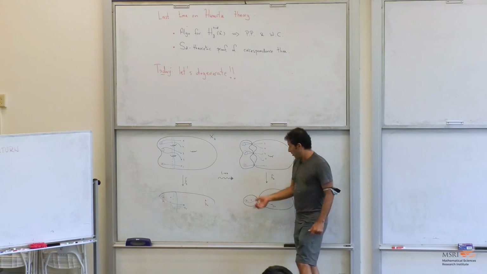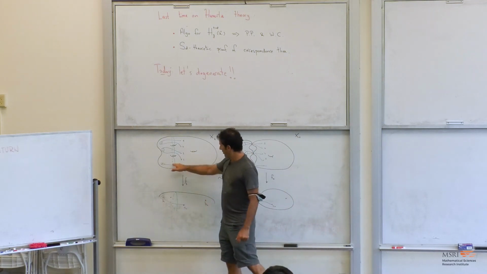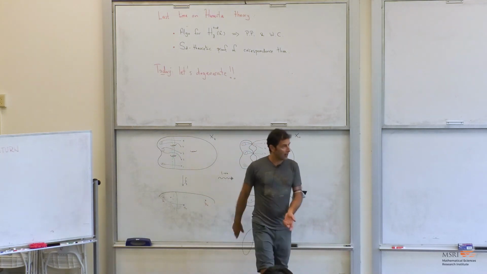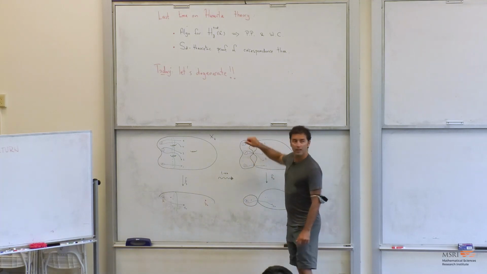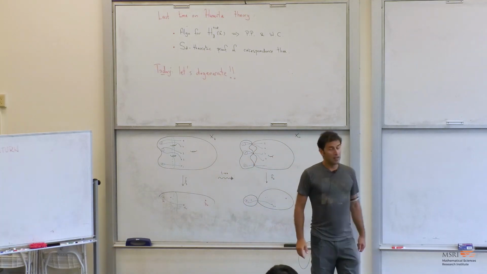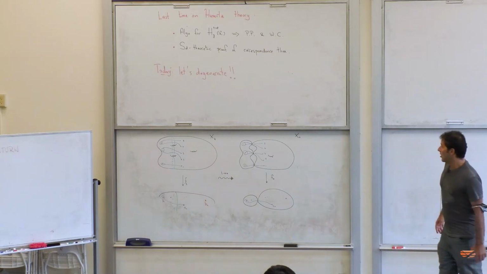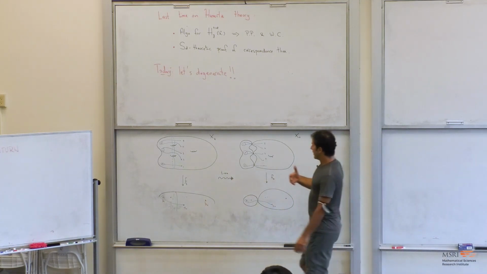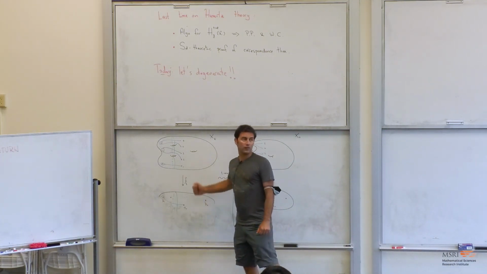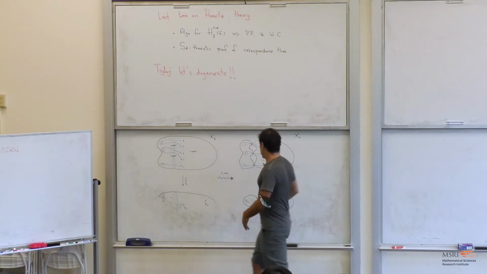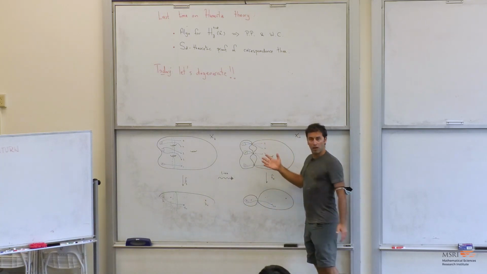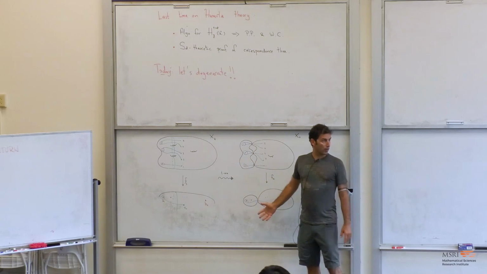As you pull this lasso tight, you're also pulling the ones upstairs, so you're also going to create a singularity there. What used to be one cover of a given degree d of just one sphere has become a cover from a nodal curve to a nodal rational curve.